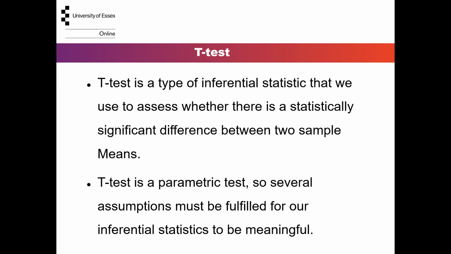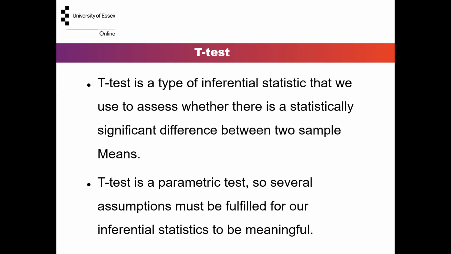So we take a group of participants and administer drug A, and we take another group of participants and administer drug B. Then we compare the two sample means by conducting a t-test, and we find that there is a statistically significant difference between the depression scores in the group that received drug A compared to the group that received drug B.